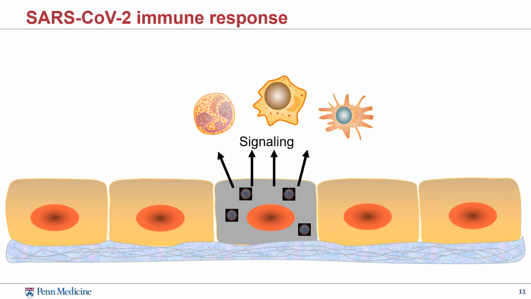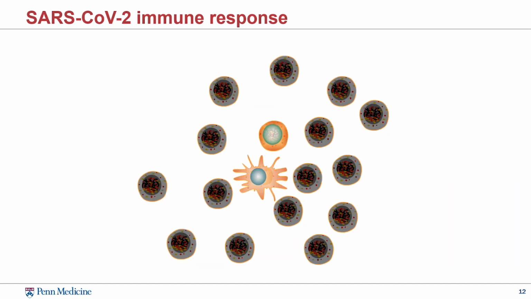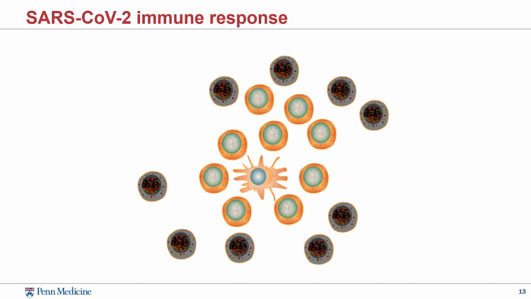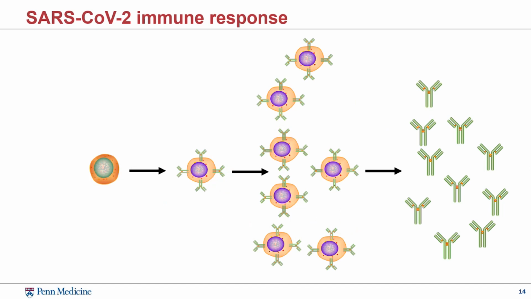So let's see the way this would work. You have these epithelial cells that are infected by COVID. These would send signals out and call different sorts of immune cells in. Then I'm showing here one cell that's specific for SARS-CoV-2, which will become clonally activated and make more of these clones. I'm showing here a B cell, which will turn into a plasma cell, a type of B cell that makes antibodies.